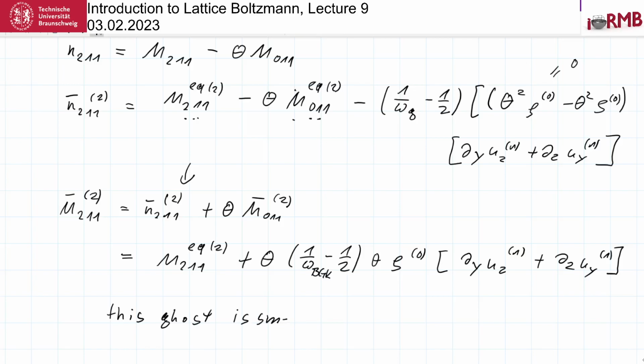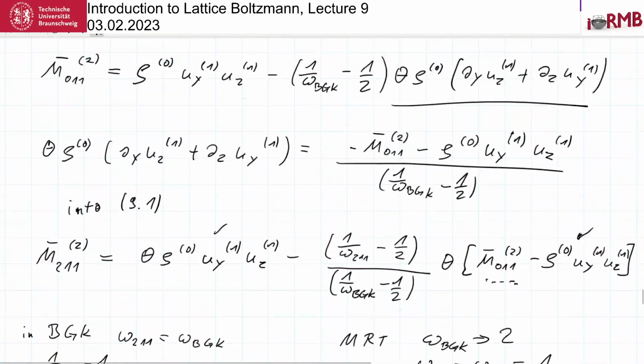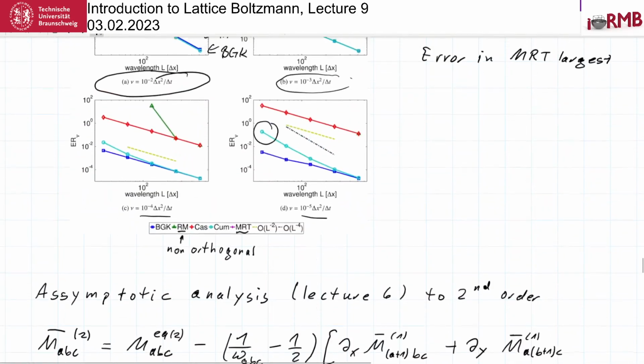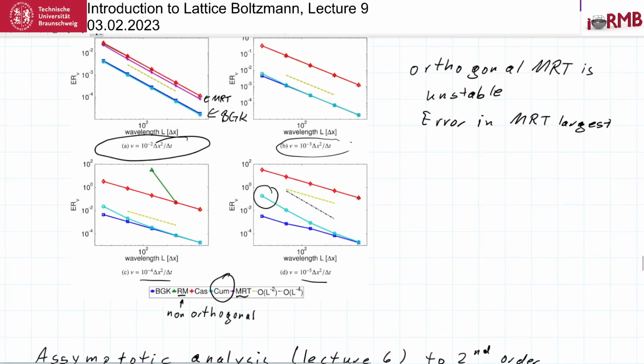And actually, this is the basic idea behind, if I may do so, this cumulant model that we see at the bottom here, that gives us accurate results and high stability both together, even if we set the relaxation rates all to 1.